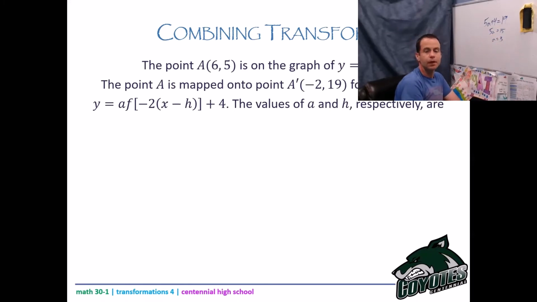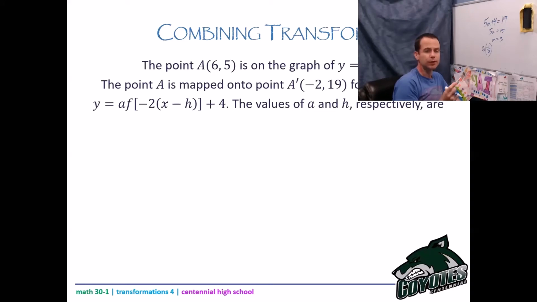Okay? Then I'm going to do the same thing with the x. I know I start with 6 and I have to end up with -2. Well, how do I do that? I'm going to take 6 and multiply it by -1/2, because my stretch factor would be the reciprocal of the 2, and then the negative tells me I need to reflect it.